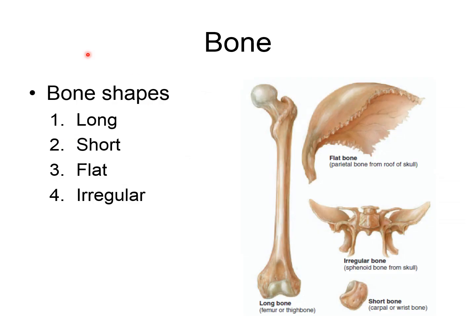The bones are classified on the basis of their shape into long, short, flat, or irregular bones. Long bones are longer than they are wide, so their length is more than their width. Most of the bones of the upper and lower limbs are long bones.